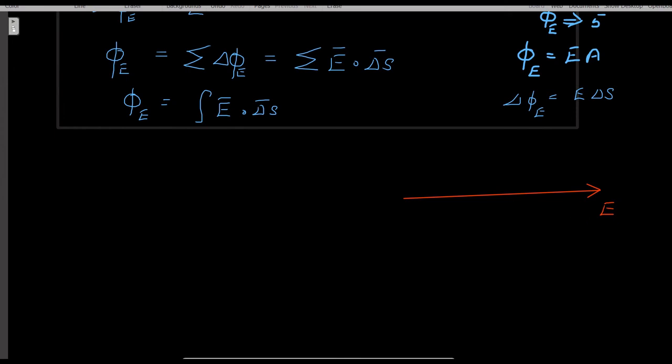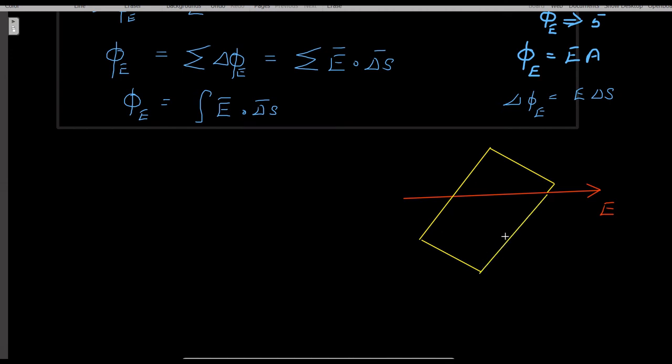Now this electric field is crossing through another surface. Let this be the surface. The surface is oblique. A plane surface is the one which I had considered, but this plane surface is an oblique one.